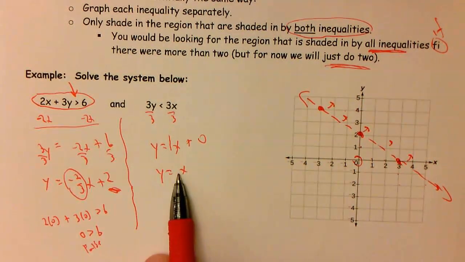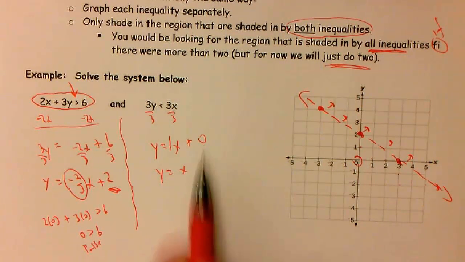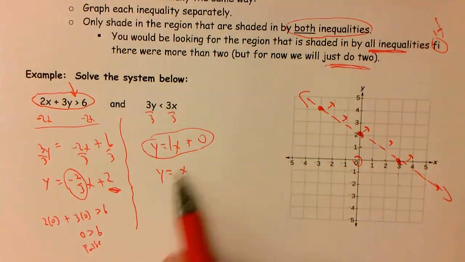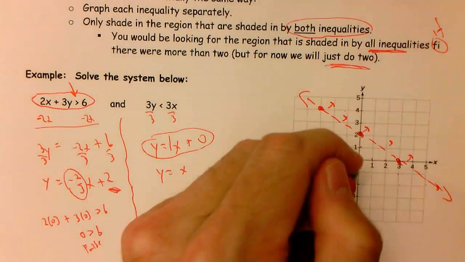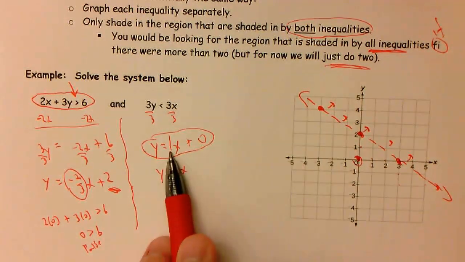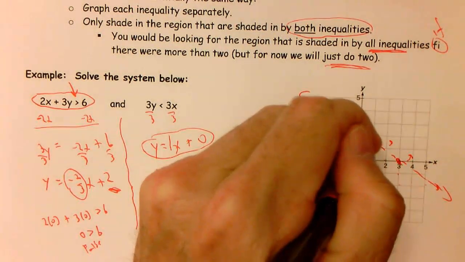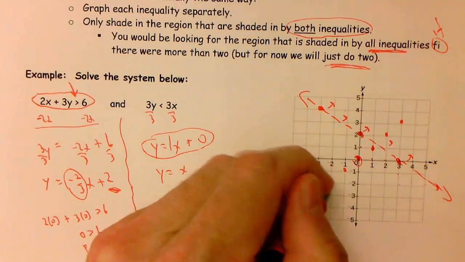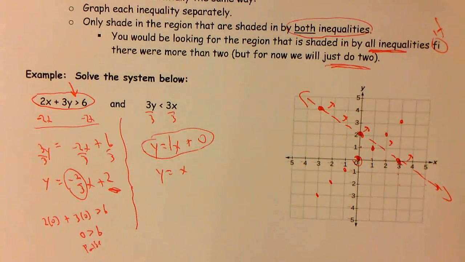You just need to know that the coefficient of the x is 1 and the constant term out here is 0. That's why there is not one. So to graph this line, I would put a y-intercept at 0 and a slope of up 1, right 1, or down 1, left 1. So that line is going to look like that.